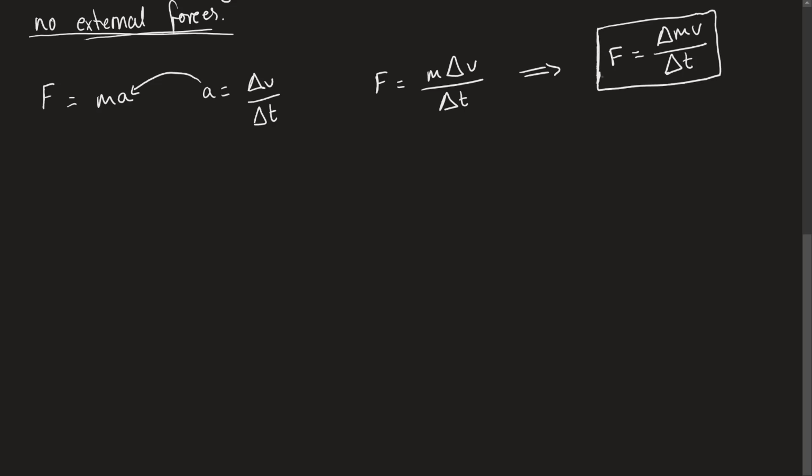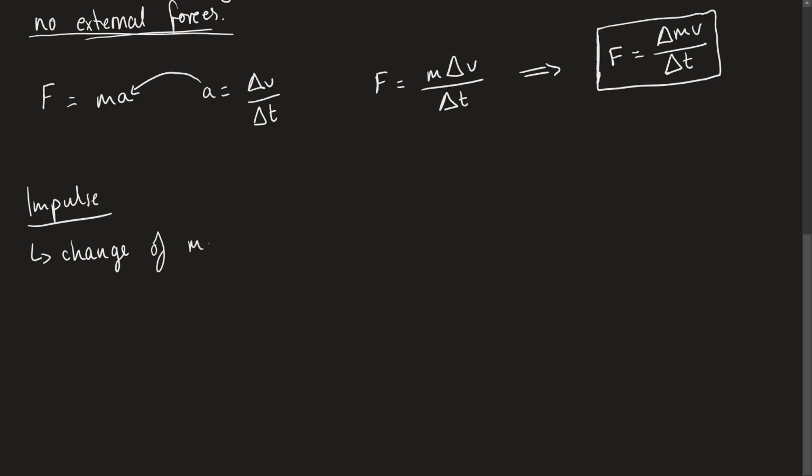From here we can rearrange it slightly for a second equation, and so we can introduce this idea of impulse. Impulse literally just means the change in momentum, so it's not really a fancy new term, it's just a different way of saying it. Saying change in momentum is really long, so we just say impulse instead.